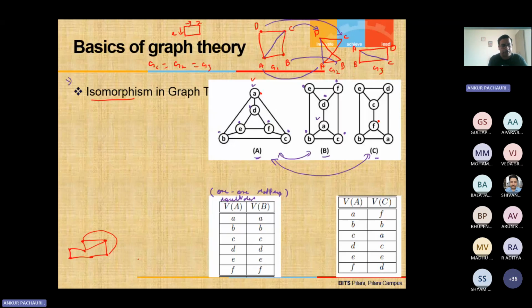Let me have a different orientation for this. 1, 2, 3, 4, 5, 6, 7. 1, 2, 3, 4, 5, 6, 7. There's a complete path.